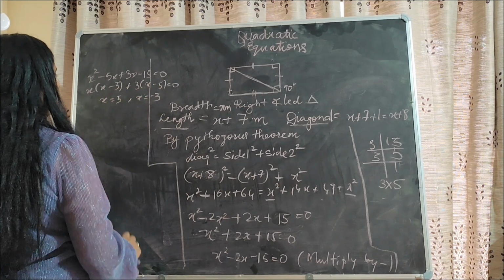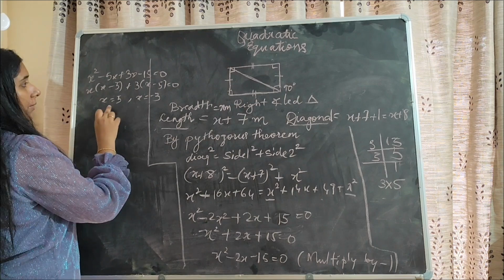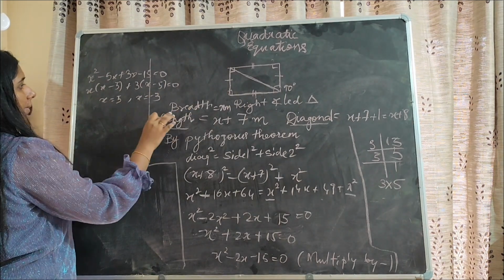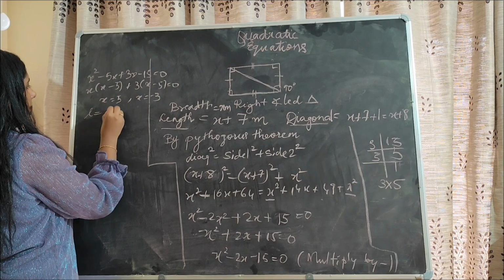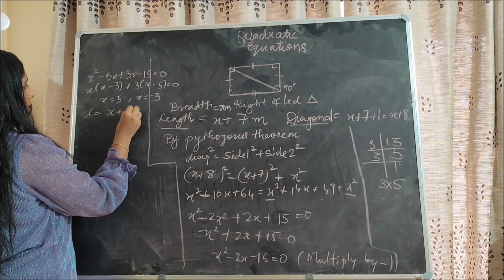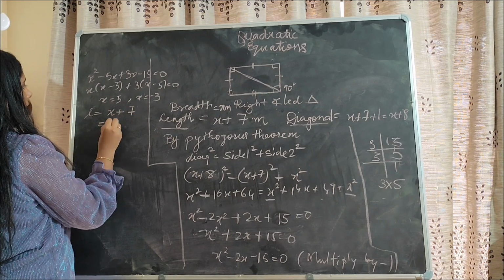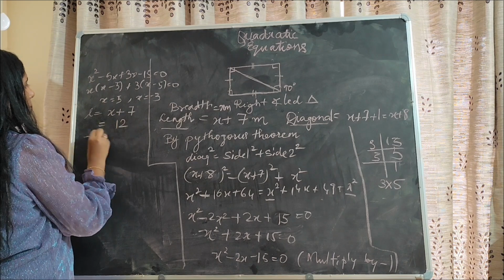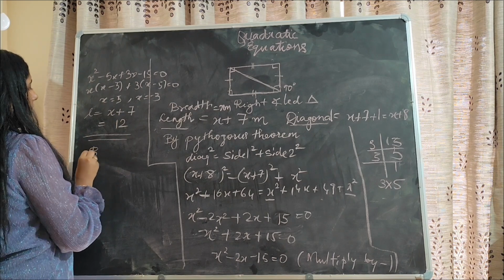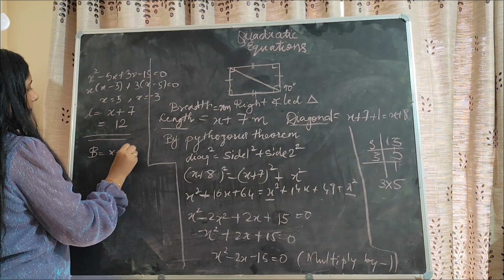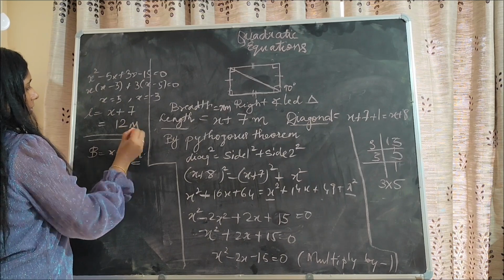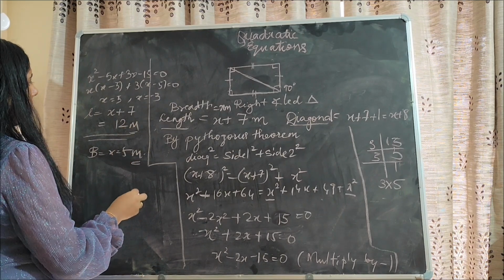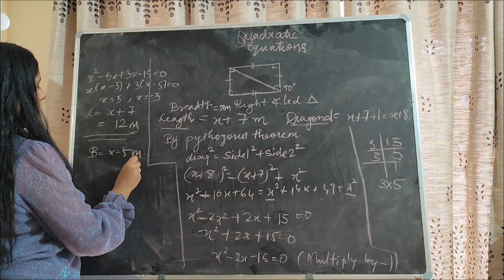Length cannot be negative. So breadth cannot be negative. This is the breadth. It cannot be negative. So length will be given as x plus 7, that is 5 plus 7, 12. So this is the length, and breadth is x, which is 5 in meters. Don't forget the units, that is meters.